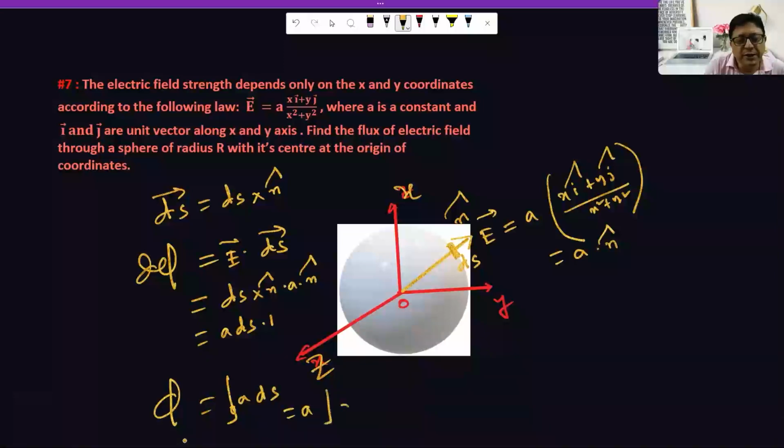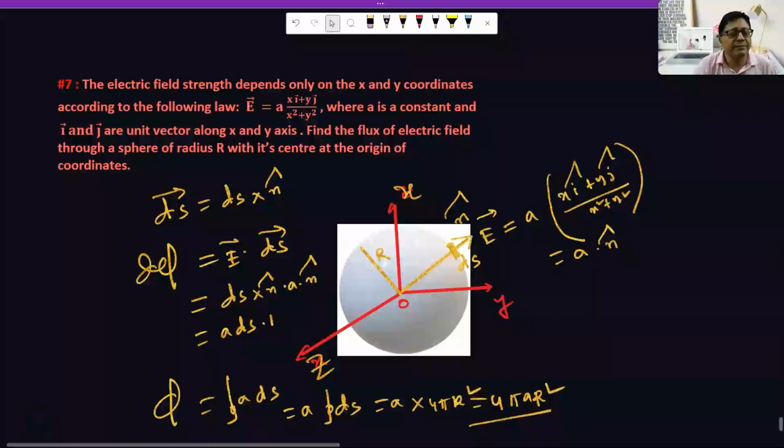A is a constant, it comes out, leaving ds. The radius of this sphere is taken as r. So it will be A into 4 pi r square. It is 4 pi A r square. Clear?